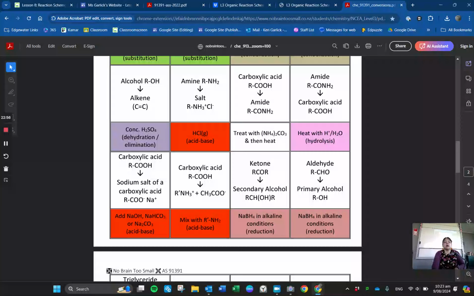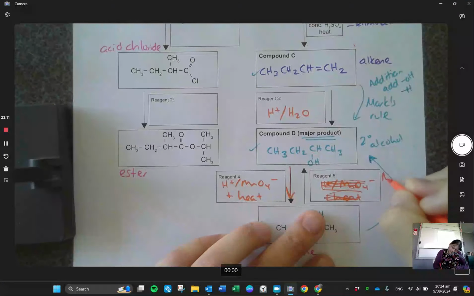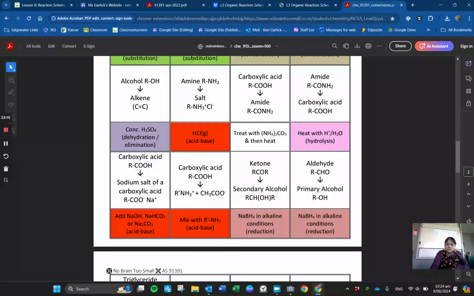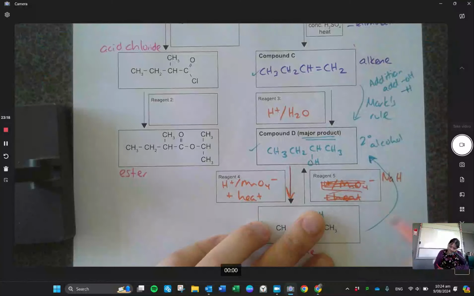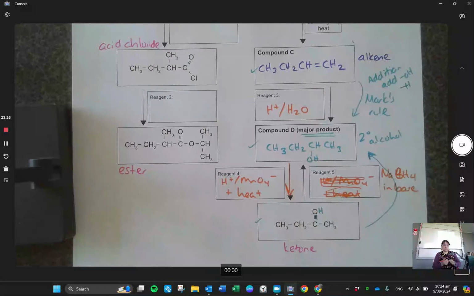Ketone to secondary alcohol is a reduction reaction, which makes sense because the forward reaction is oxidation, so the reverse must be reduction. You need NaBH4 in alkaline conditions, so in a base. Are we okay with that?